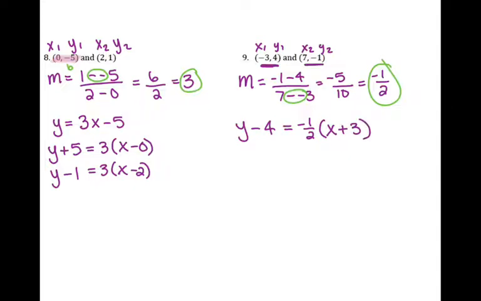Now, using my second point, I'm going to do y minus -1 becomes y plus 1 equals -1/2 x. Oh shoot, did I do something wrong? Wait, no. Sorry. I thought I was looking at the wrong numbers. I have y plus 1 equals -1/2 x minus 7. And those are your two possibilities for number 9.